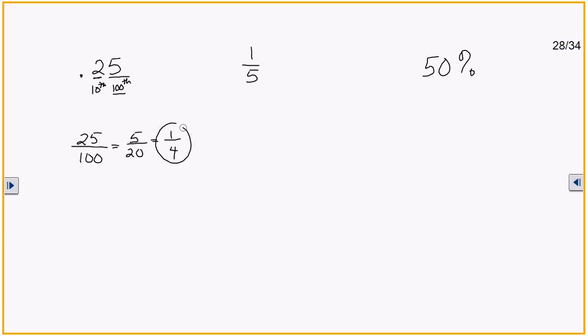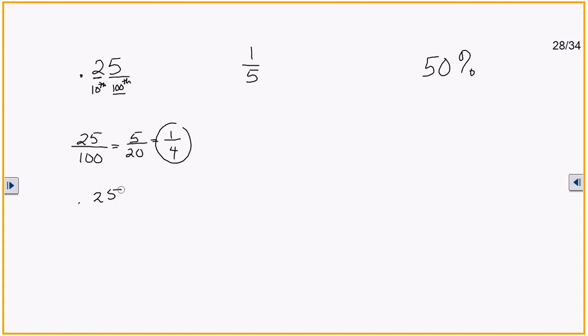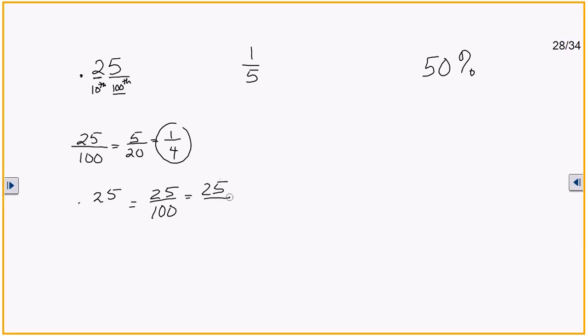So I just made that into a fraction. And now I'm going to make it into a percent. So I'm going to take that 0.25 and put it over 100. That'll be 25 over 100, which is equal to 25%, sorry.